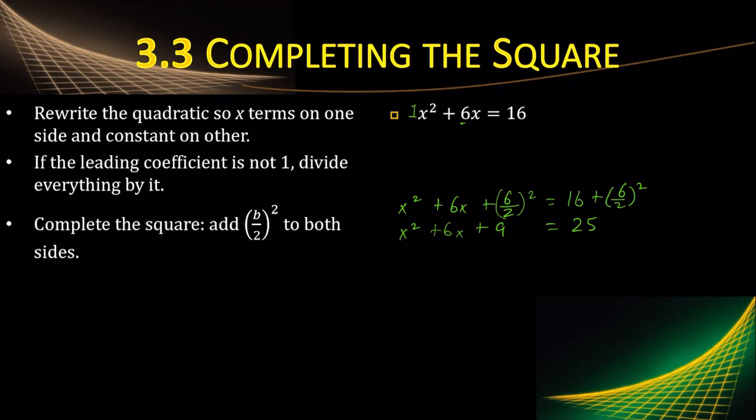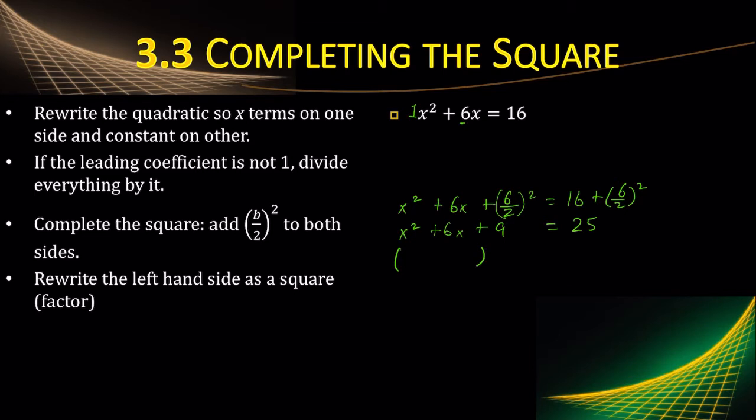All right, I rewrite the left-hand side as a square, so I need to factor this. And since we set it up this way, it's always going to be a perfect square. It'll be x plus 3 squared. Square root both sides.